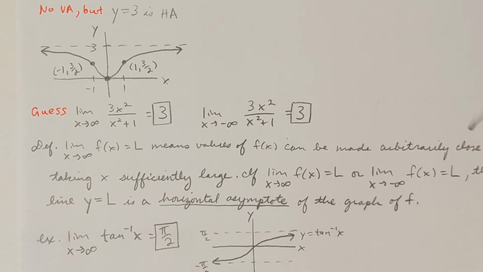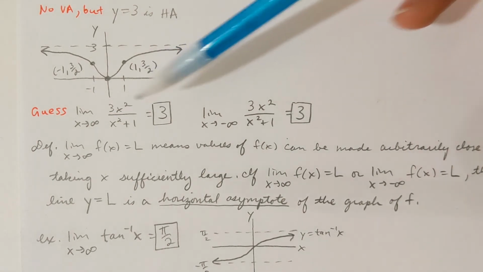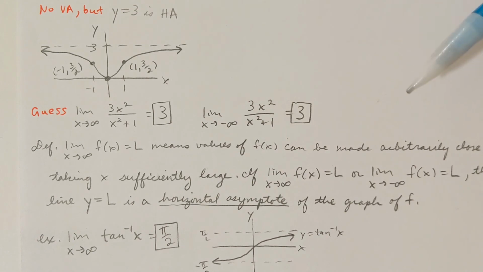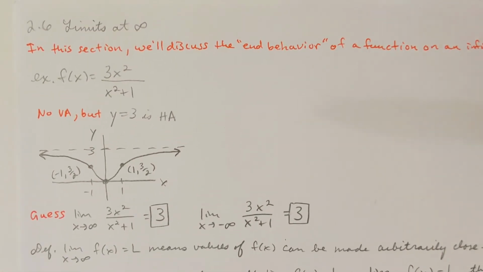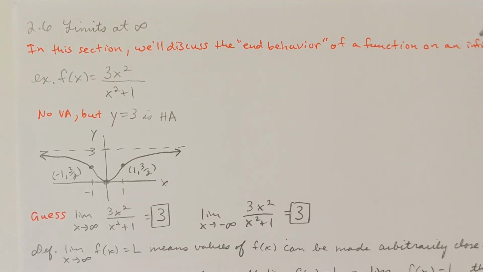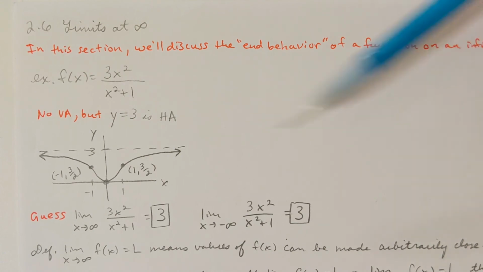Now, a limit at infinity just simply means that x is approaching infinity or x is approaching negative infinity. Now, that is different from an infinite limit. Infinite limits were mentioned in section 2.2, and an infinite limit is where you're looking at the behavior of the y values, and the y values are approaching infinity or negative infinity, not the x values.